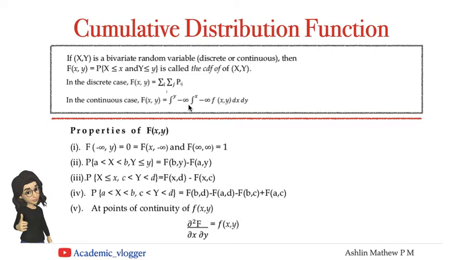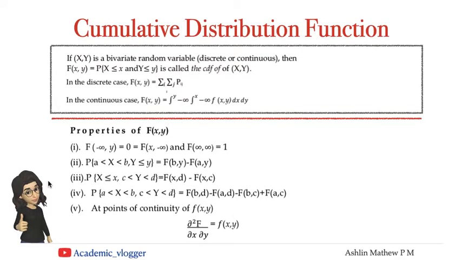In a similar fashion, in the continuous case, this F(x,y) is calculated as the integral from minus infinity to y, integral from minus infinity to x, of f(x,y) dx dy. So in the continuous case, we integrate over the ranges of x and y up to x and y, and in the case of discrete, we sum it.